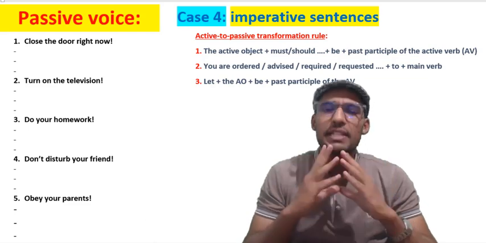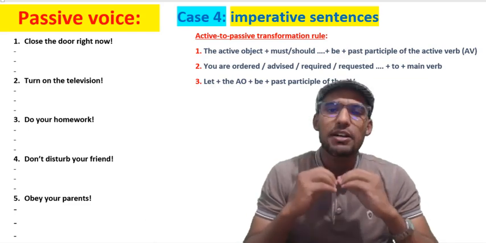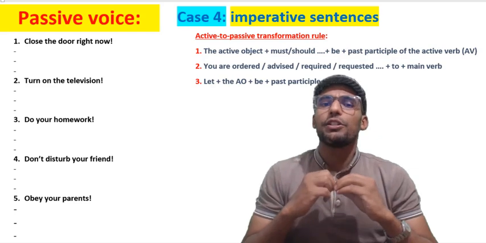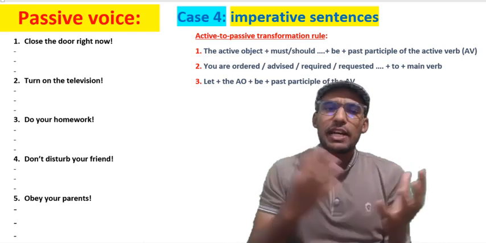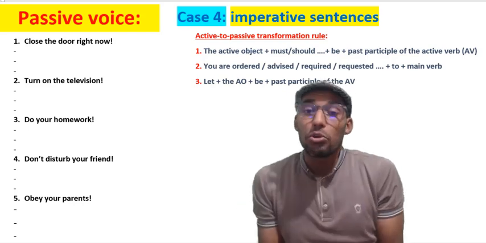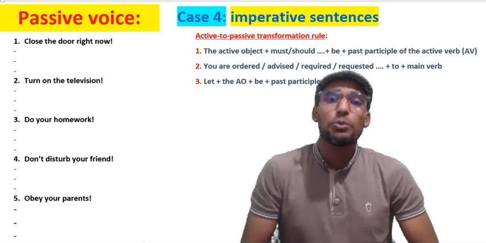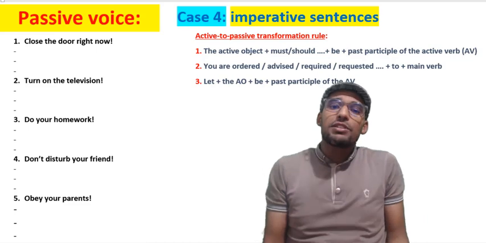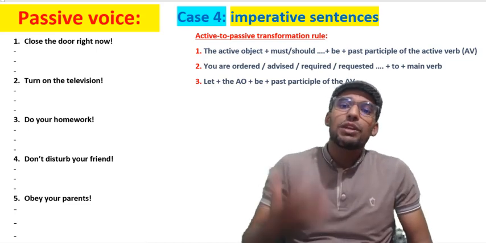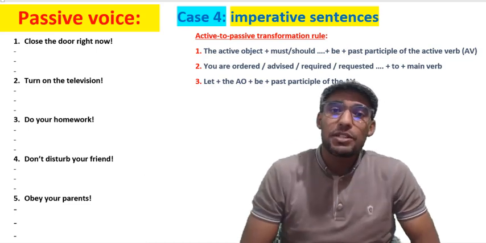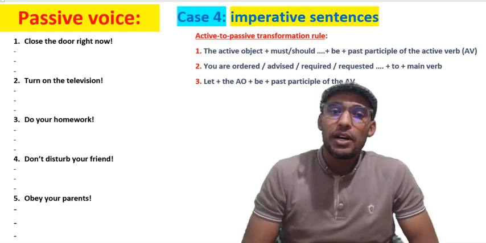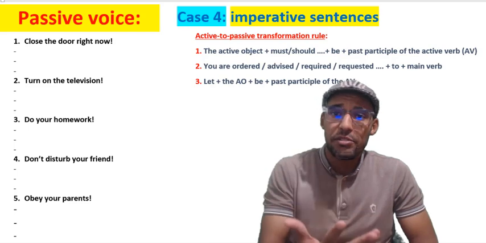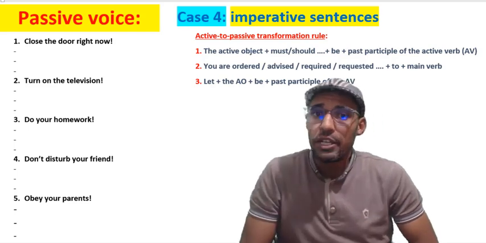But there is some basic information again that we are required to learn and to know. Basically, again, the part of speech: we should exactly recognize the verb and recognize the active objects. It's very important. And also another step, step number 2, where we are required to start with the active objects. This is again one way to transfer these imperative statements into the passive.